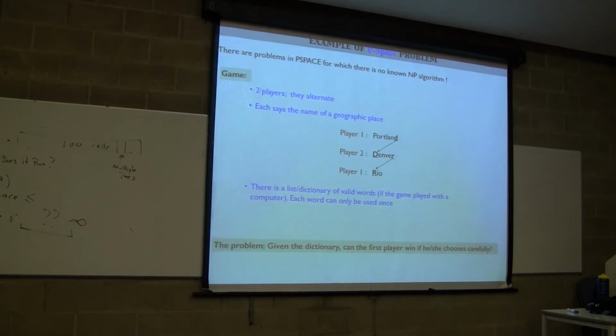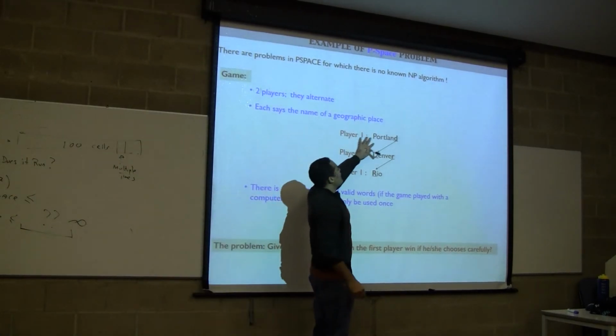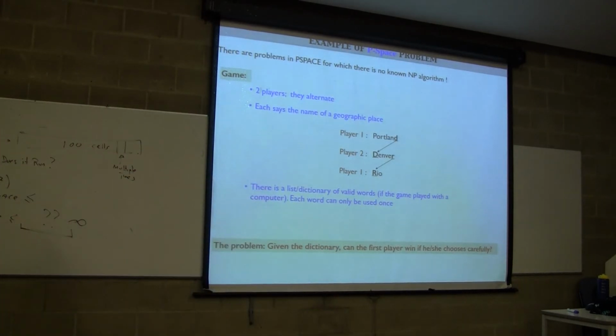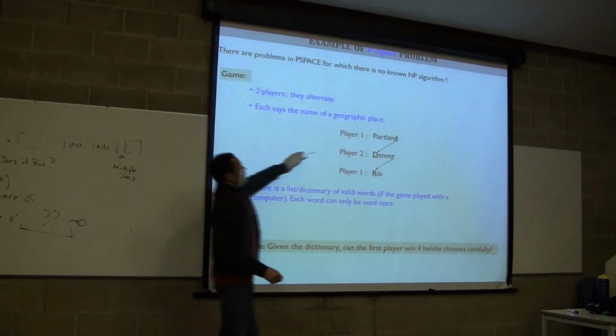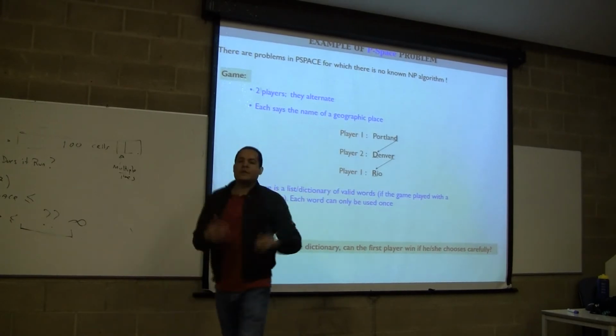And the question is, depending on this list that exists, but of course the players do not actually observe the list, this is being played on a computer, given the dictionary, can the first player win if he chooses carefully? Once he chooses this first city, can this decide the outcome of the game?